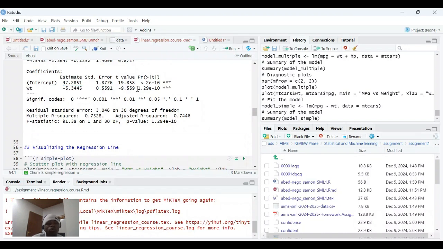We can also notice here that the p-value is really less than 0.05, which is really significant. So then we can say that there is a relation, and the weight explains the MPG through this regression.